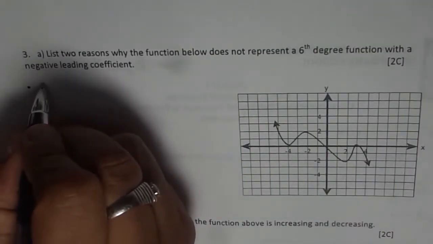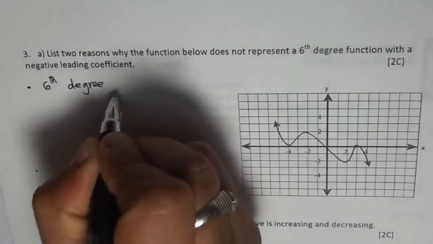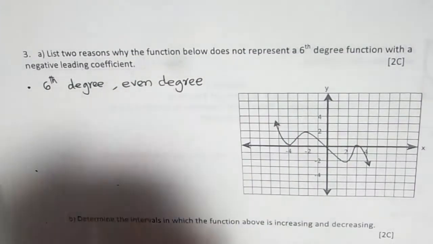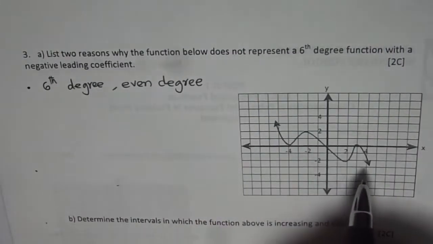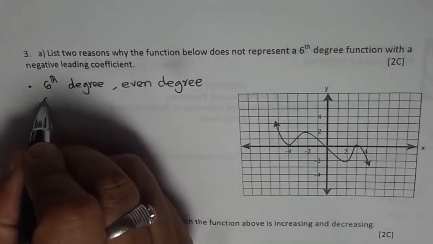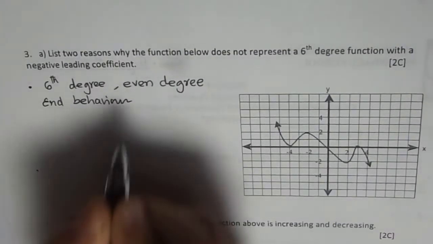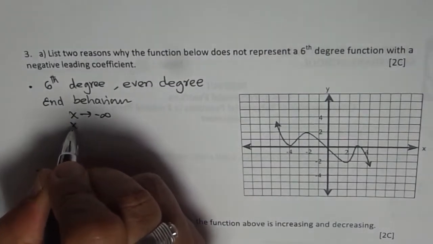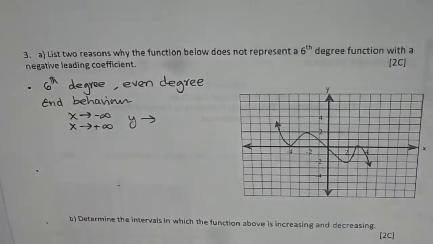A sixth degree means even degree, right? An even degree function with negative leading coefficient will have both ends the same. So the end behavior is that when x approaches negative infinity or when x approaches positive infinity, y should approach the same side, right?